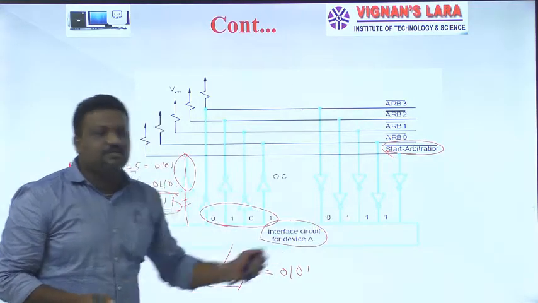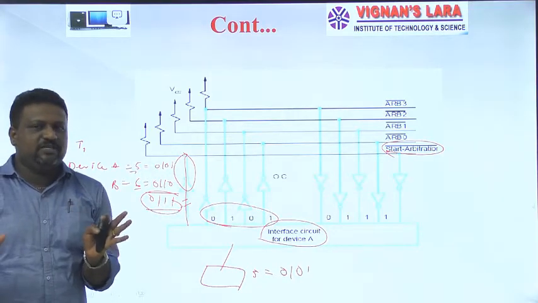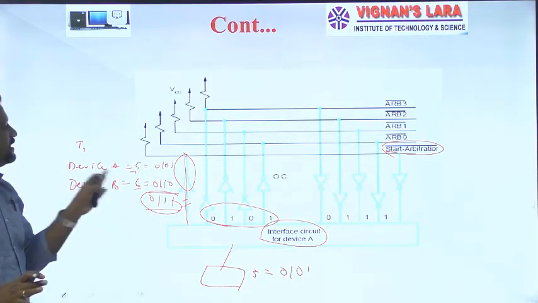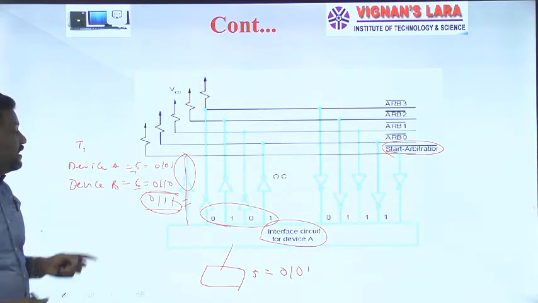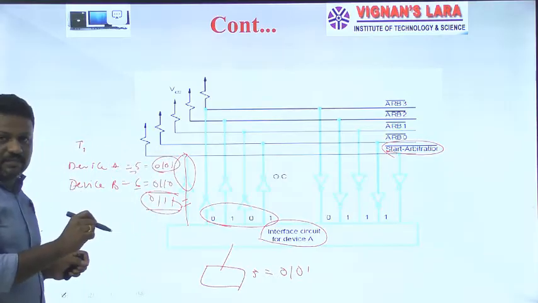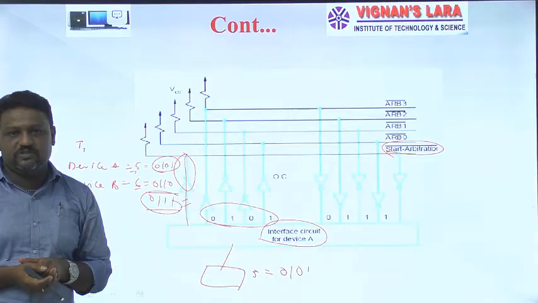Now this is received by the interface circuit of device A. Once this code is received, device A starts comparing its identification number with the consolidated code it receives from the arbitration lines.